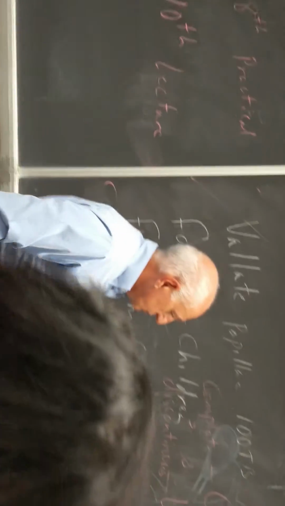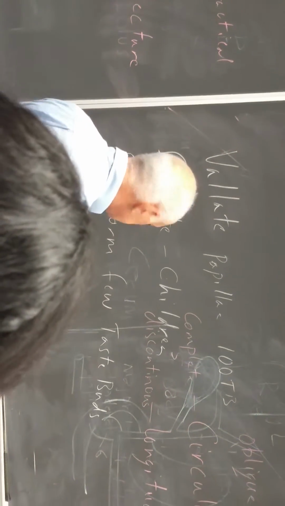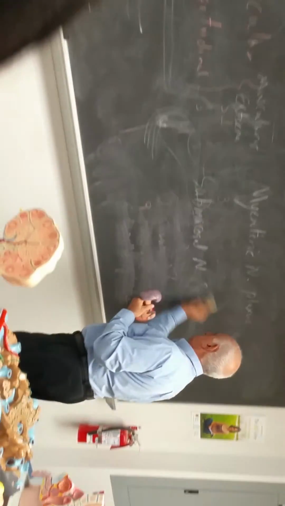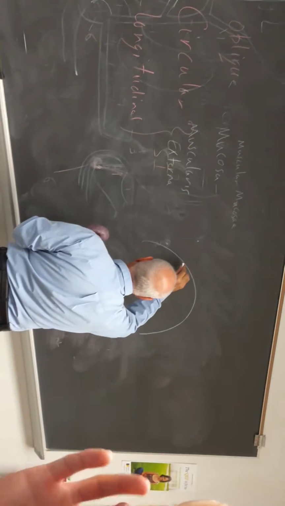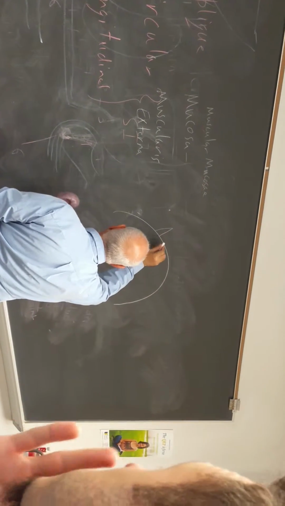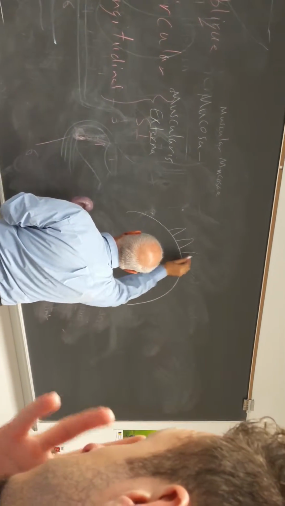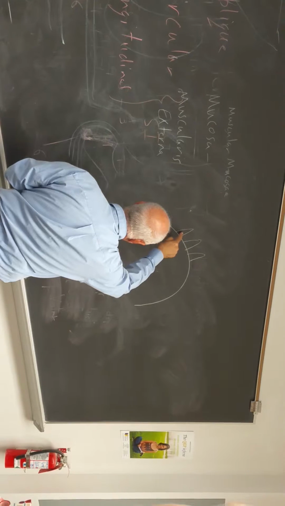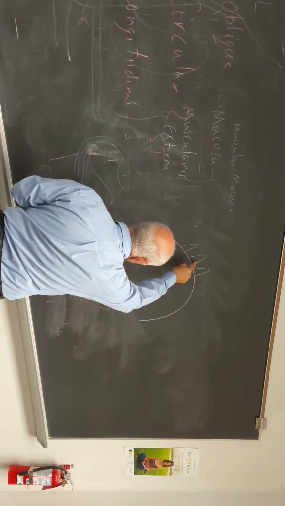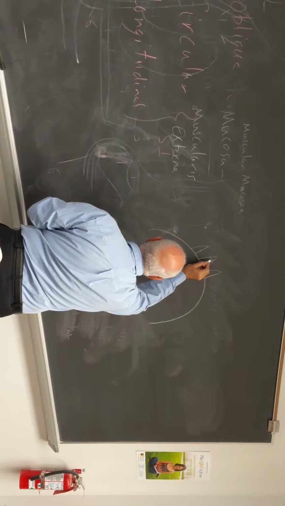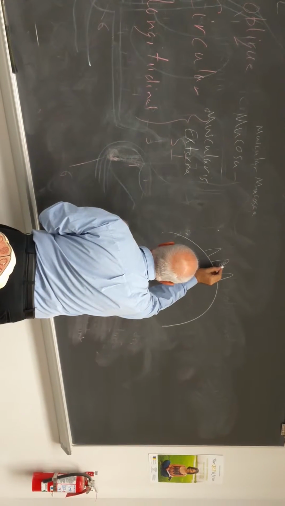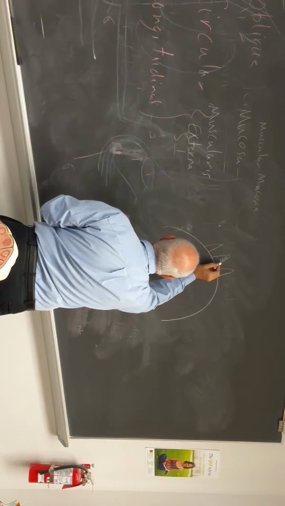On the circular folds, you have finger-like extensions. The finger-like extensions that are motile, you call them villi. And these villi are made of cells next to each other, touching each other.